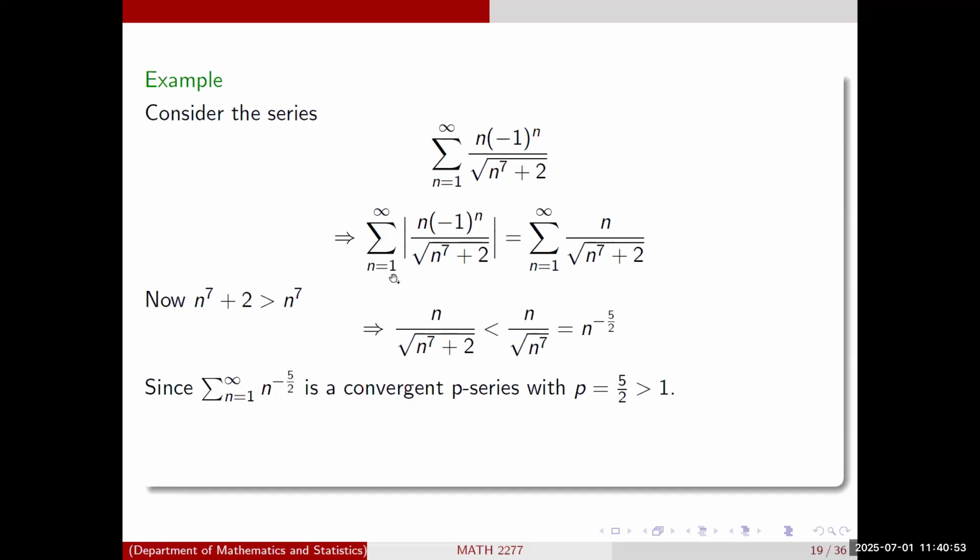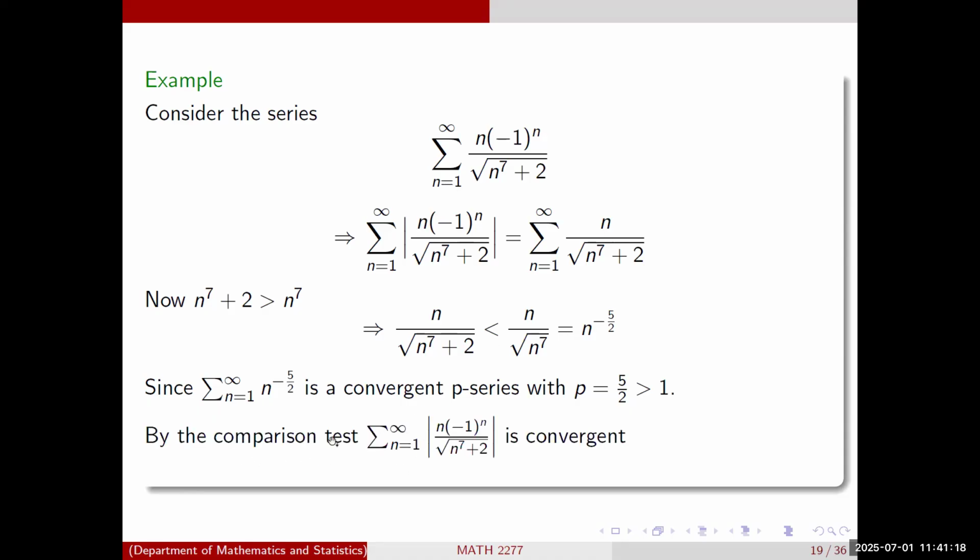So what's happening? The series of the absolute value, by the comparison test, turns out to converge. And we just proved a result that said if the series of the absolute value converges, then the original series, which is what I'm interested in, will also converge.